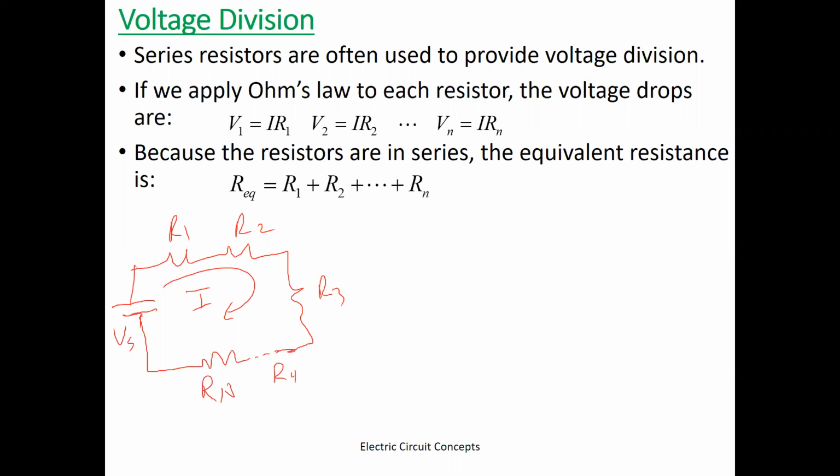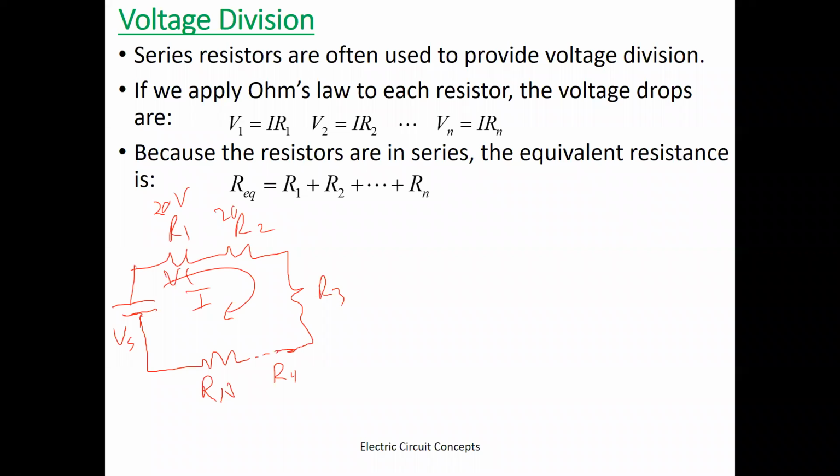If we have a voltage Vs of, let's say, 100 volts, and we have 5 equal resistors, that 100 volts will be divided equally across those resistors, because they are equal. So each one will take 20 volts. That's why series resistors are often used to provide voltage division. We try to divide the supply voltage across those resistors. If we apply Ohm's law to each resistor, we get the voltage drops.